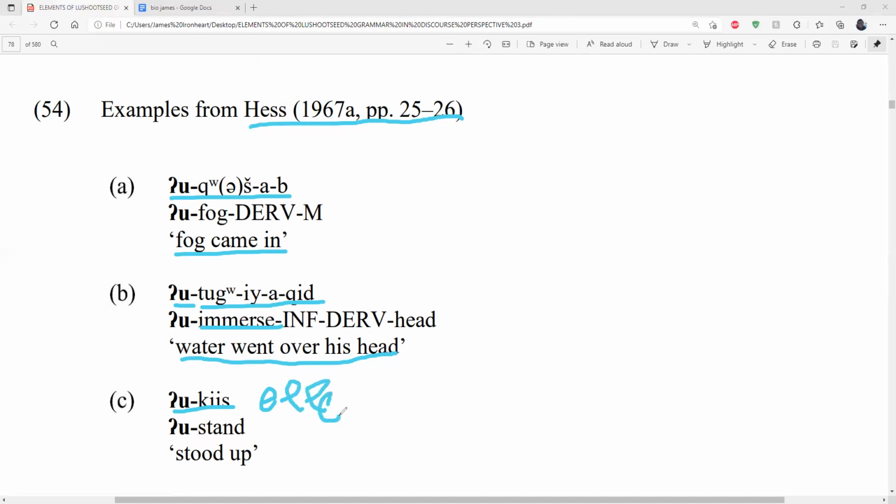Do you want to say them separately, or do you want to just let them flow together? Like, oh, keys. Yeah, all together. Oh, keys.